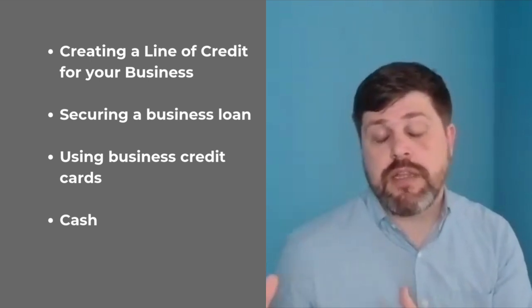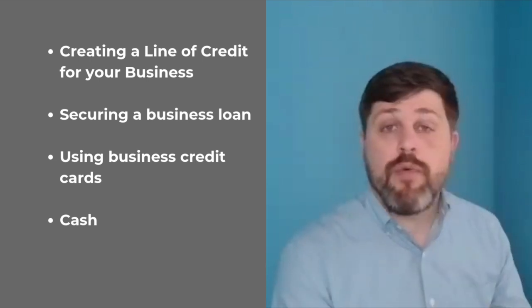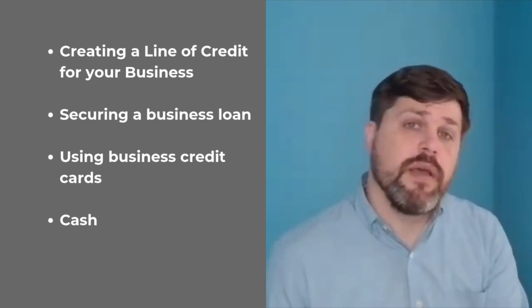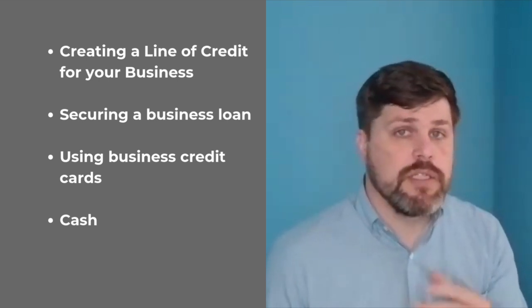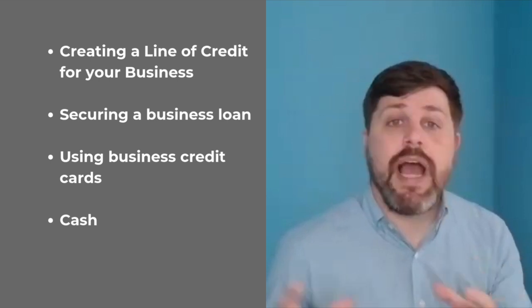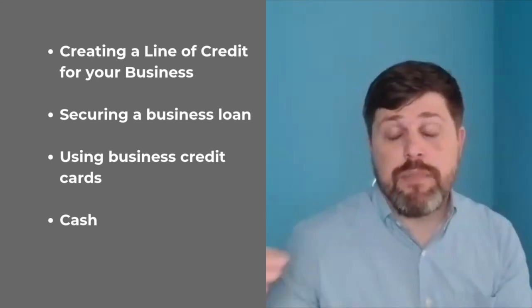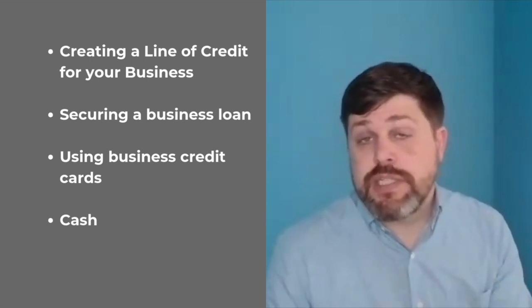And so we can use that line of credit, pay what we need, and then pay back that line of credit, hopefully pretty quickly, but if not, over time. So we have basically a pool of cash that we can tap into if needed beyond the emergency fund. You could always secure a business loan.